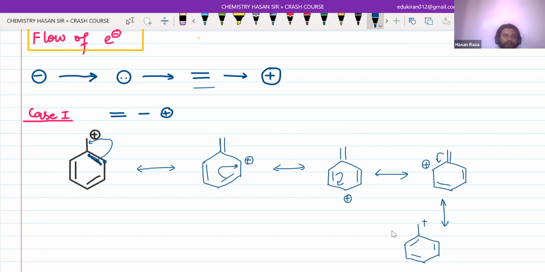Now you can see in the first one, the double bond was on the right-hand side here, and the single bond was here. But in this, it is reversed. If you want to calculate the resonance hybrid, it is basically the total contribution of all the resonating structures. So the resonance hybrid is like this.